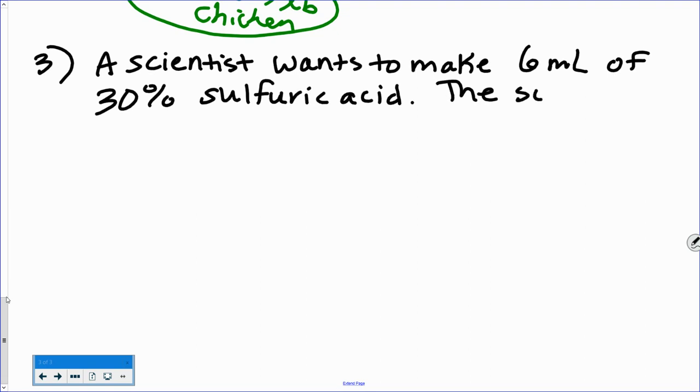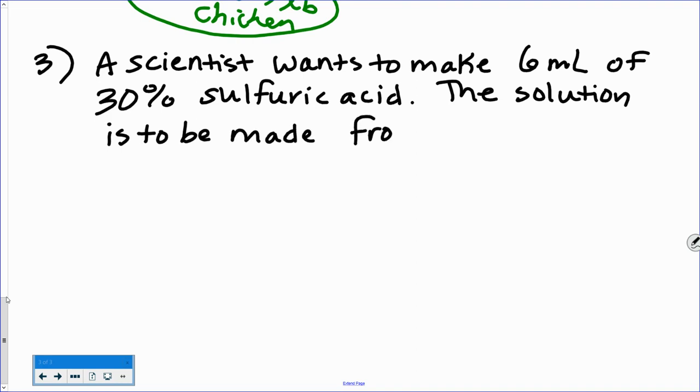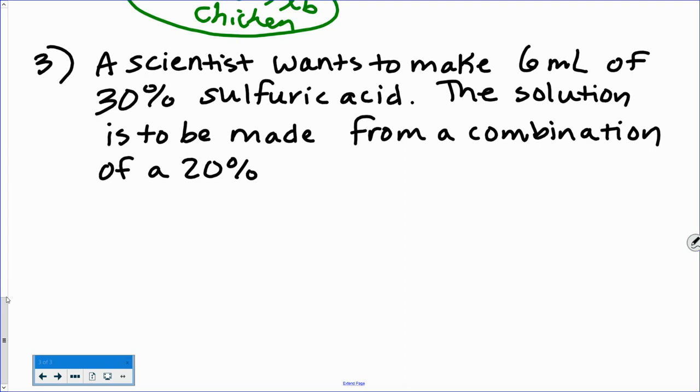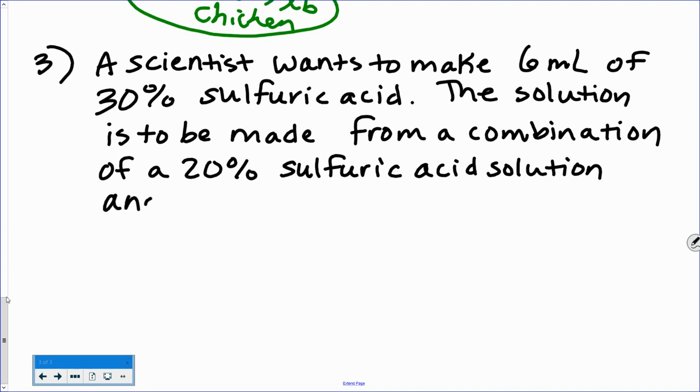The solution is to be made from a combination of a 20% sulfuric acid solution and a 50% sulfuric acid solution.